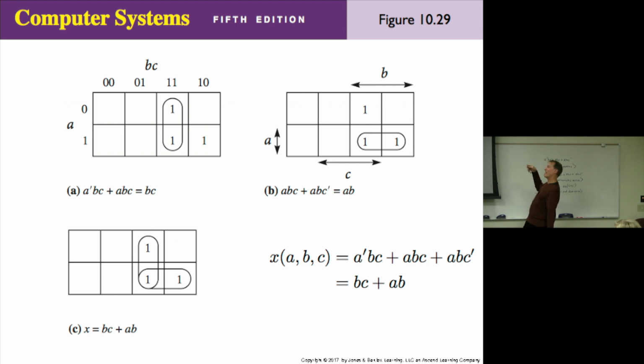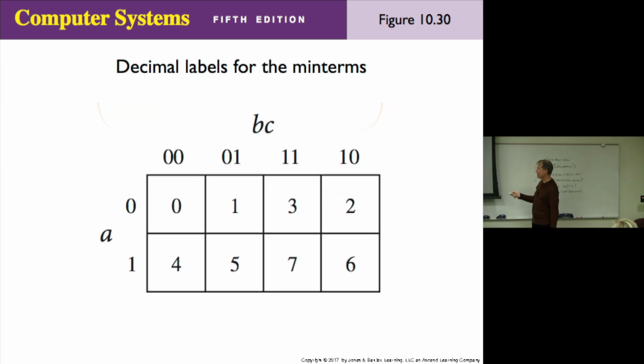And then where is 0, 1, 1? That's just to the left of that. Now, does everybody see that pattern? Here's the picture, Figure 10.30. This is a Karnaugh map with the cells numbered the same way we did with the sigma notation. Are you with me? Is everybody clear?